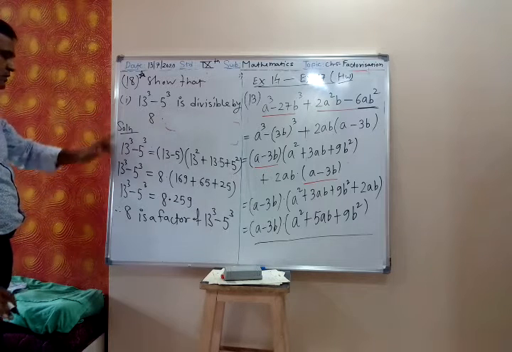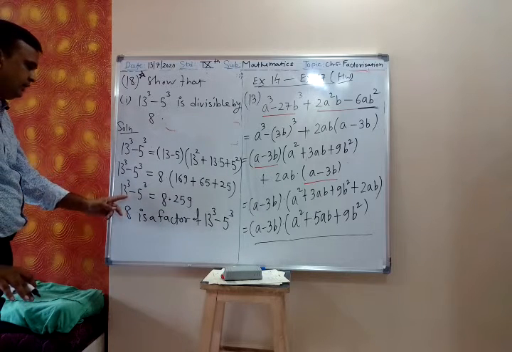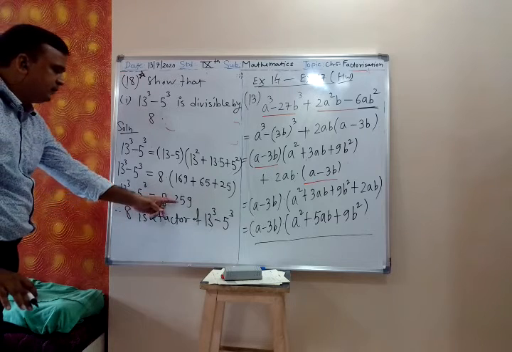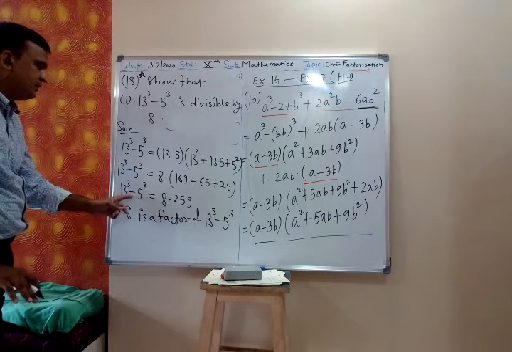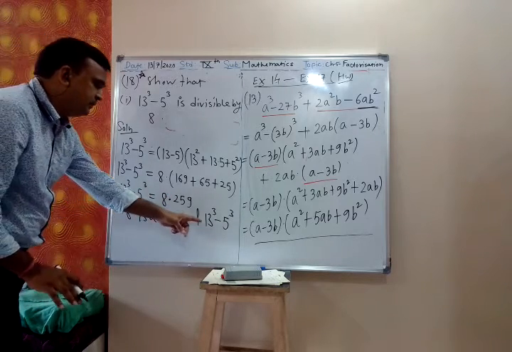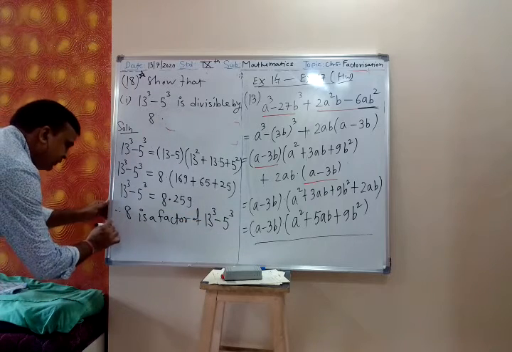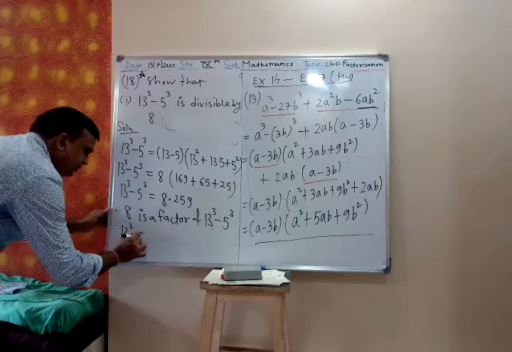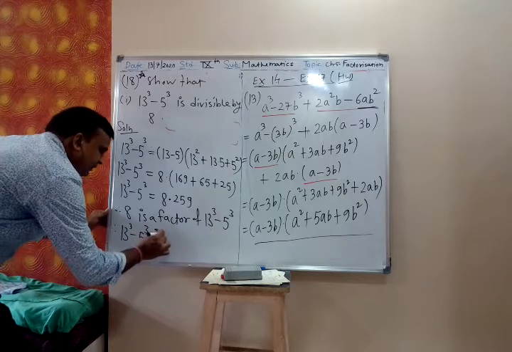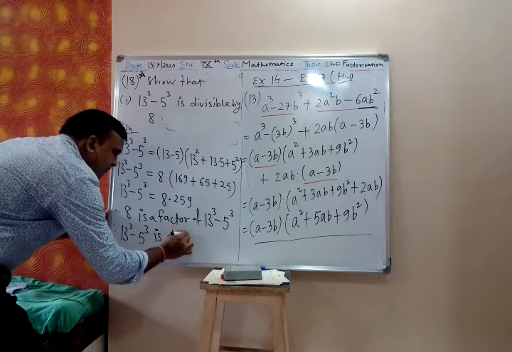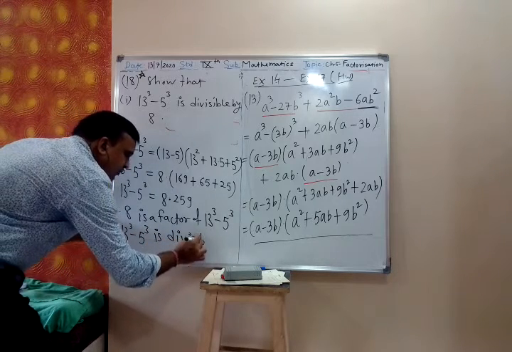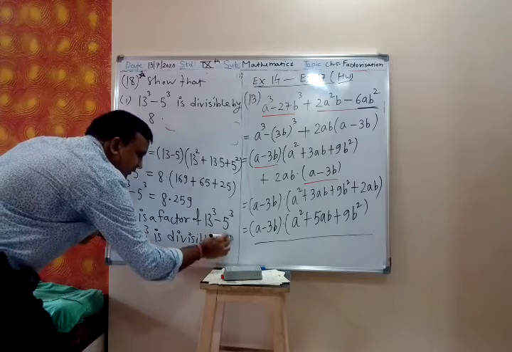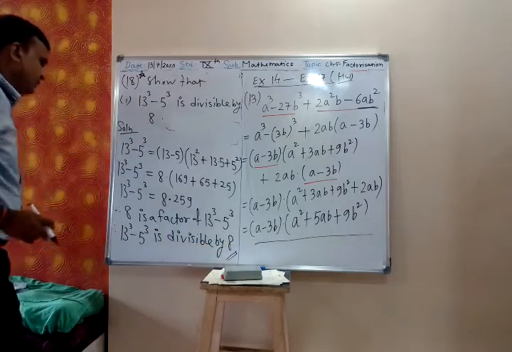Since 13 cube minus 5 cube is 8 into this, 8 is a factor of this. When 8 is a factor, this is divisible by it. Yes, 259 is also a factor. That implies 13 cube minus 5 cube is divisible by 8, and this is the complete answer.